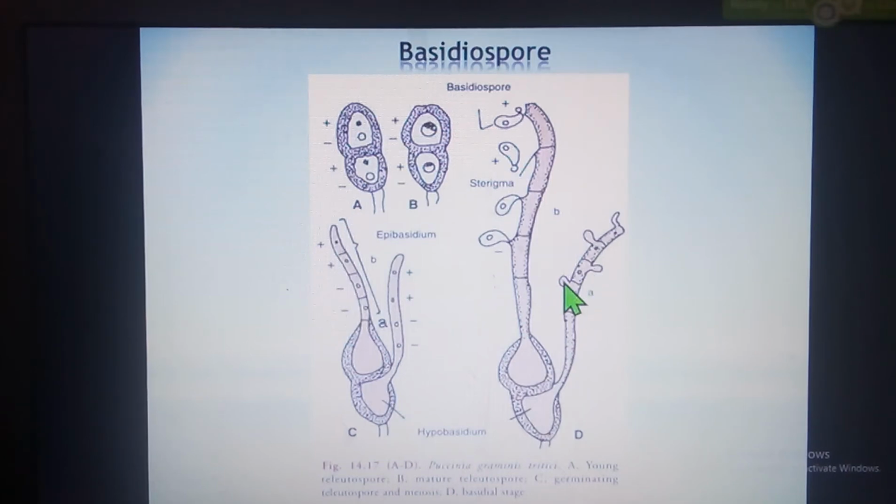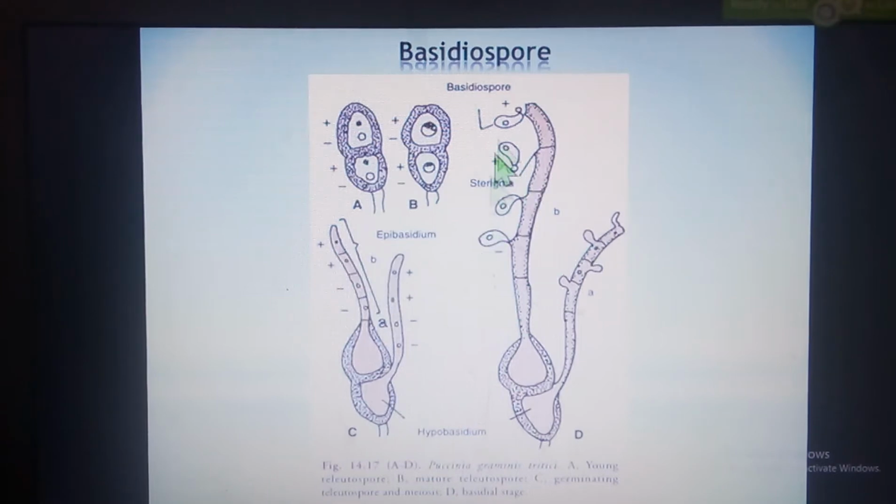It is known as a sterigma, through which both the nucleus as well as the cytoplasm will push outside into this projection, and it will develop basidiospores. So you can see here the sterigma, the small projection will form, and the nuclei and cytoplasm will push outside, forming a basidiospore.